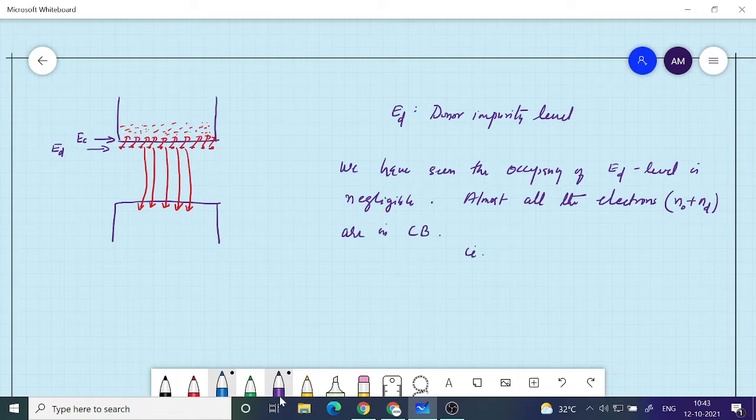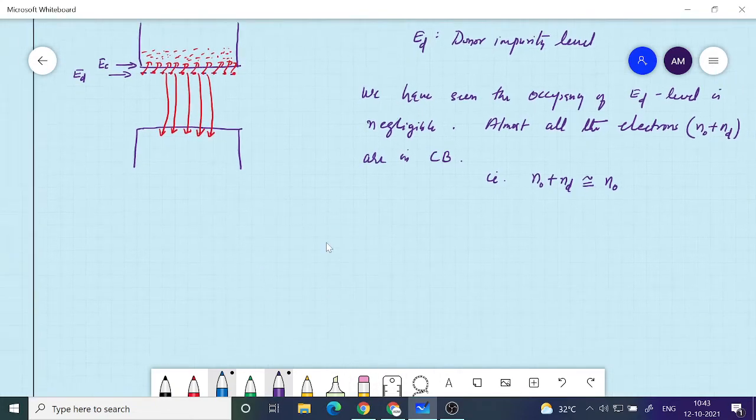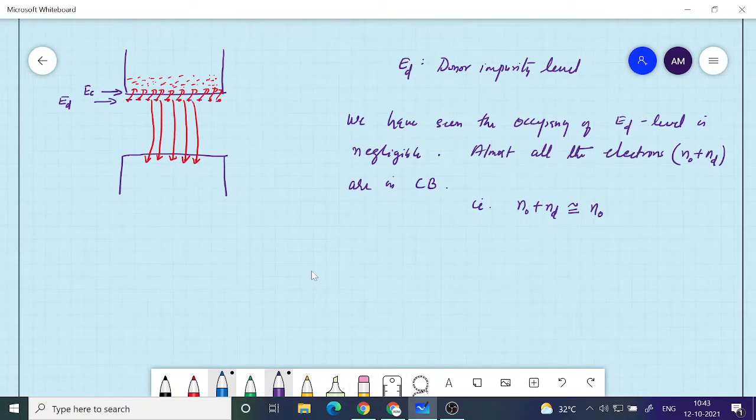That is, Nd is negligible. So N0 plus Nd is almost equal to N0. That's what we have seen so far. There is a reason why we are looking at these things, which I will come to.